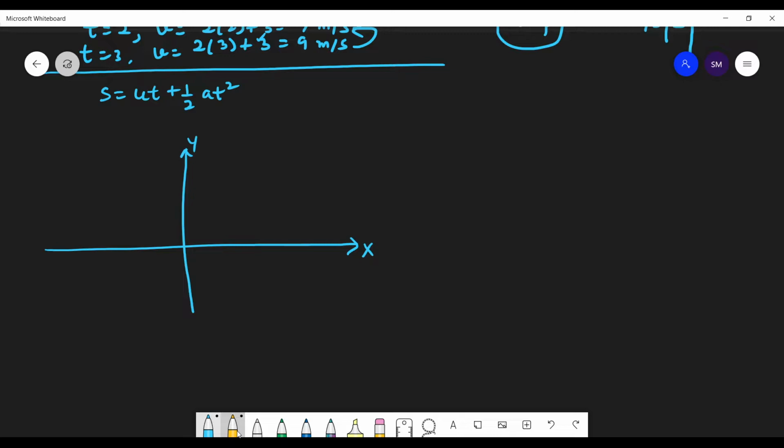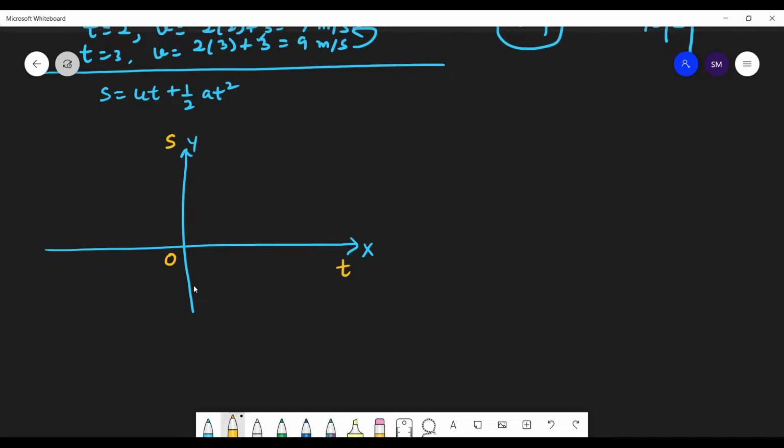Here you have time and here you have displacement. Can you tell me, will you get a linear graph or a non-linear graph? Sir, linear graph.